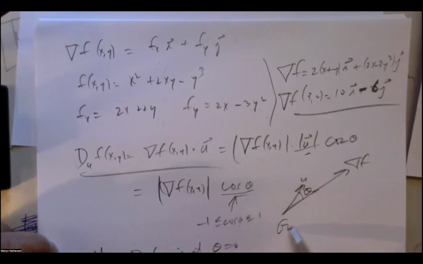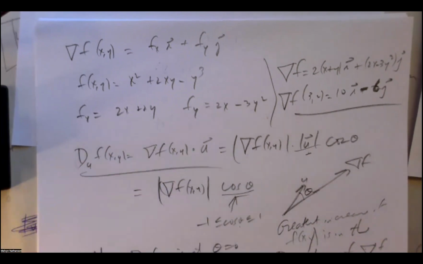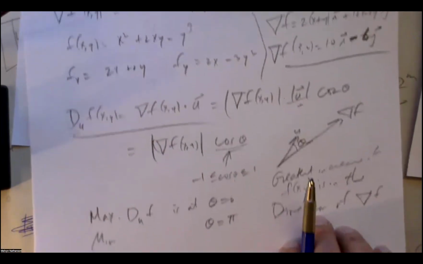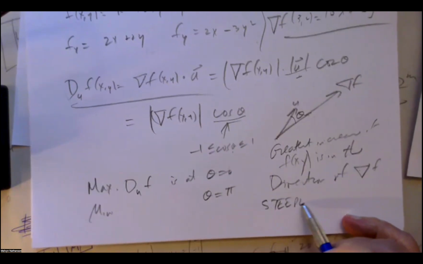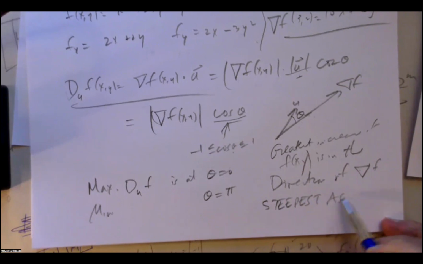So the rate of greatest increase of f of x, y is in the direction of the gradient of f. That's what we would call the steepest ascent.